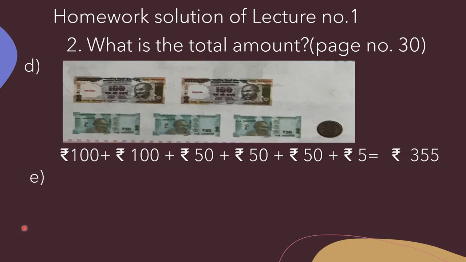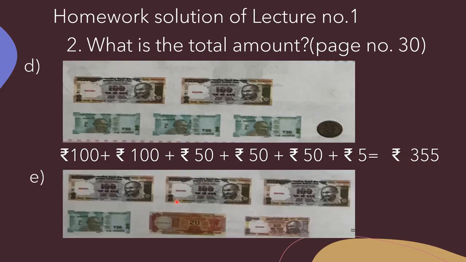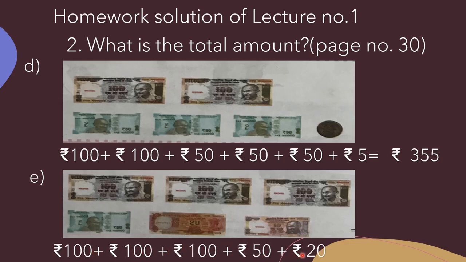Now in E part, these notes are given: 100 rupee, again 100 rupee, again 100 rupee, and then 50 rupee, 20 rupee and 10 rupee. So here we will write rupees 100 plus rupees 100 plus rupees 100 plus rupees 50 plus rupees 20 plus rupees 10. Now we have to add.